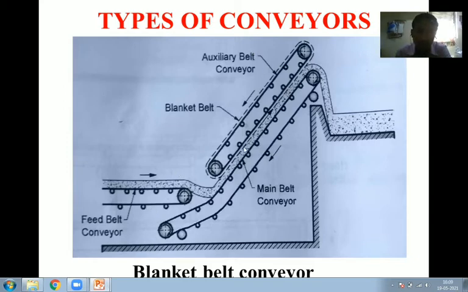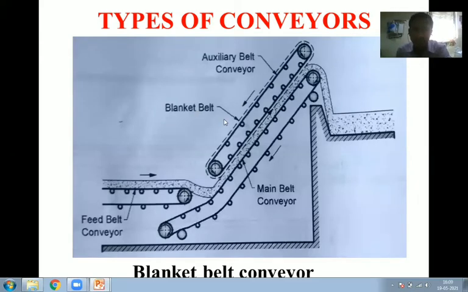If you are transporting material in the upward direction and it does not have any support, it may slip and fall in this direction.